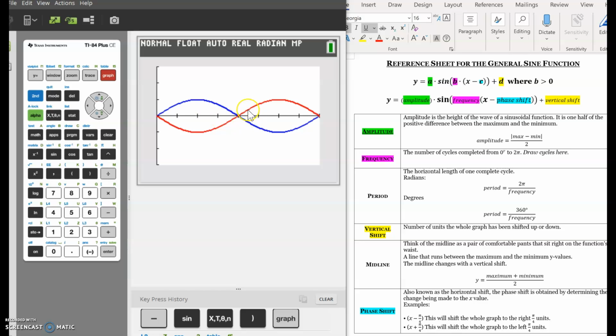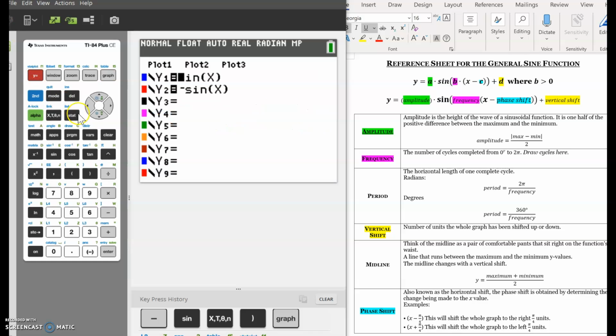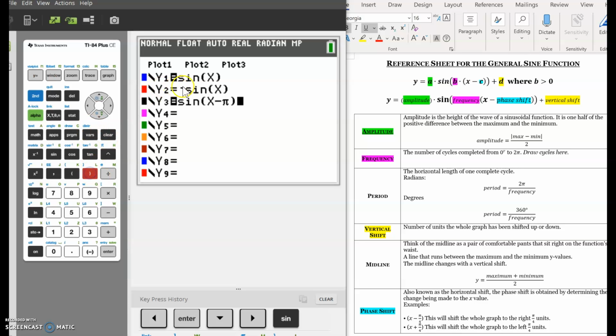Notice that that graph is the same as the phase shift that we had before. So let me turn this off, and I want to do the same curve, sine of x minus pi, which is actually the same as this one right here.